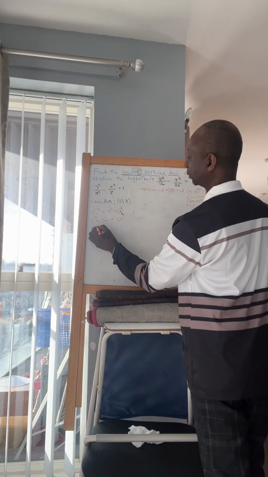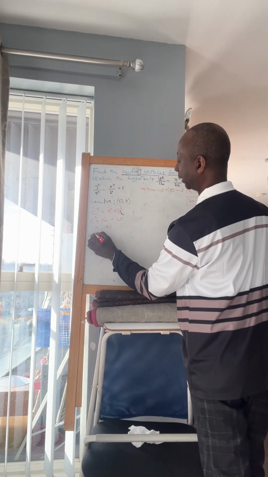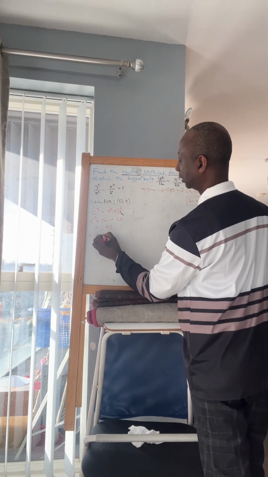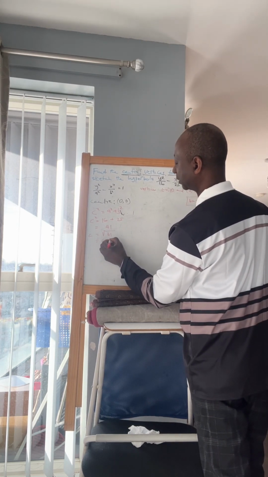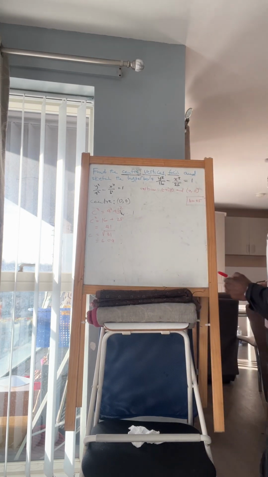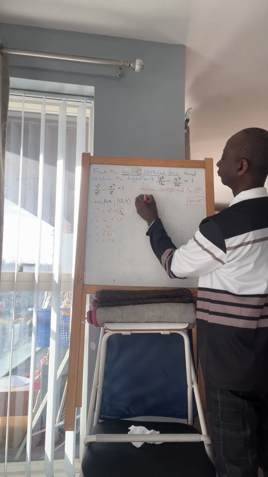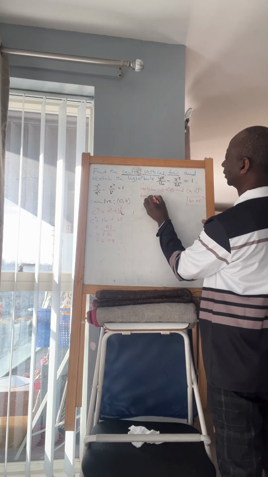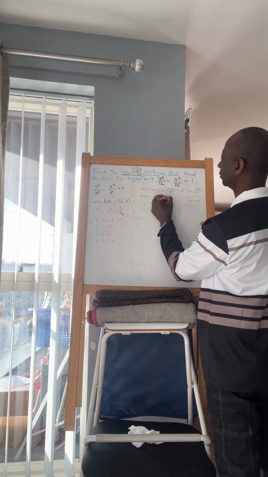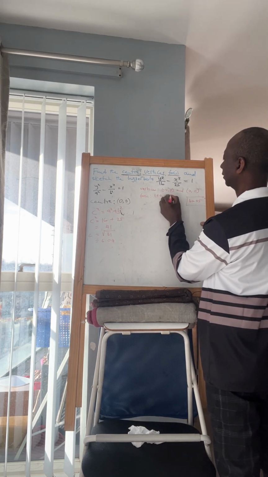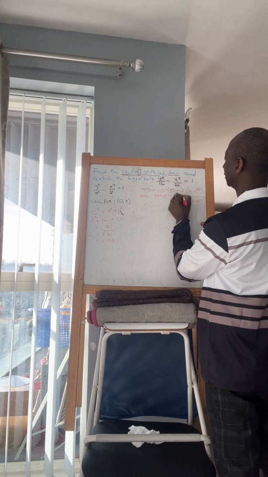This gives us 41. Therefore c is equal to the root of 41, which is about 6.4. So now the foci are minus 6.4, 0 and 6.4, 0.